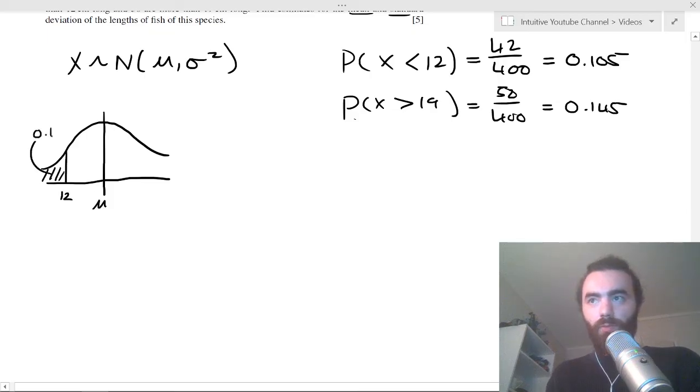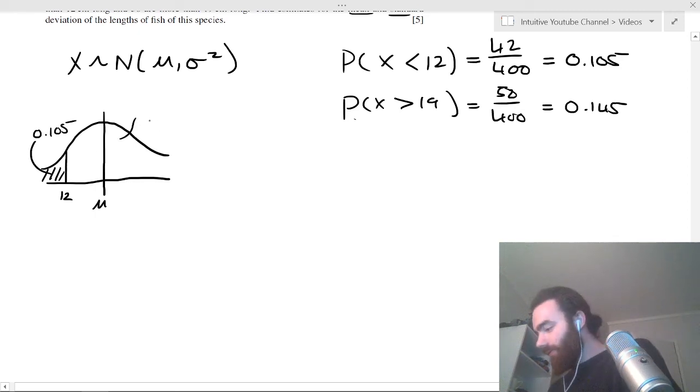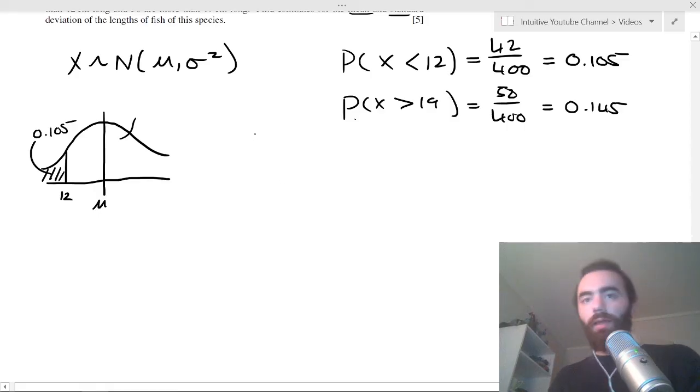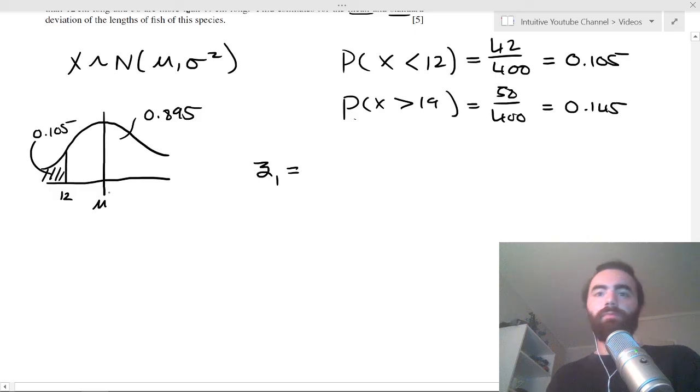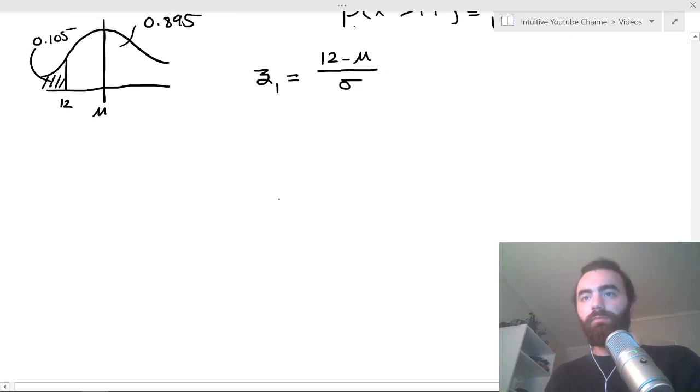This is 0.105. Well, that means that the remaining area is 1 minus 0.105, which is 0.895. And the corresponding z-value for this, let's call it z1, is going to be 12 minus mu over the standard deviation.